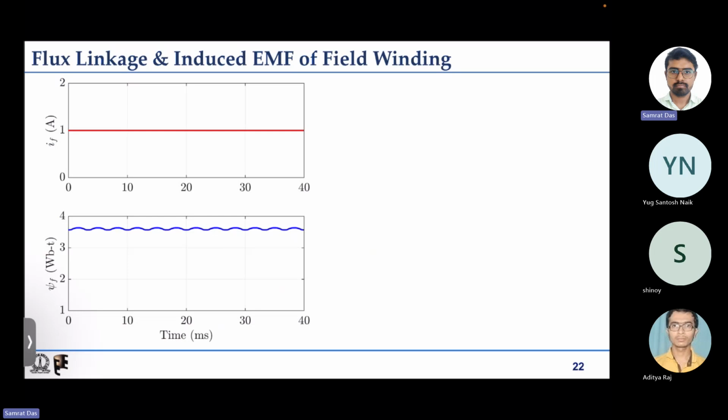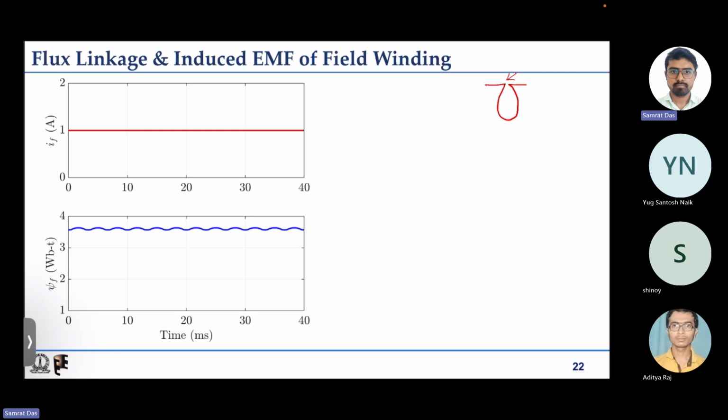As well, if we reduce the slot opening, so if we make the slot semi closed with a very small narrow gap at the tip, then this variation will reduce significantly.